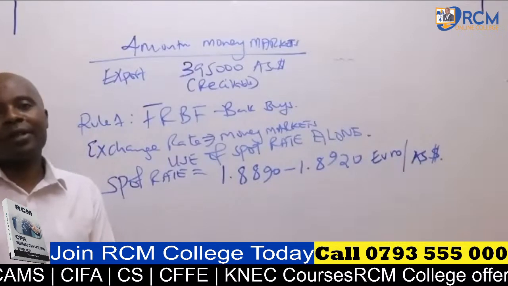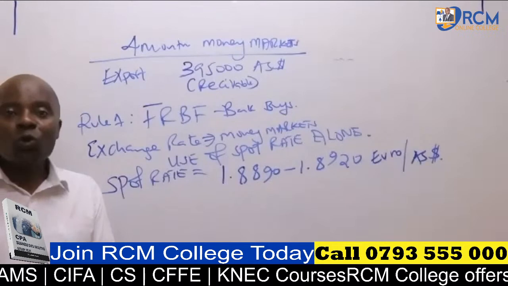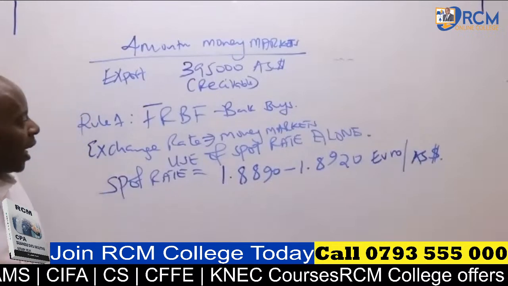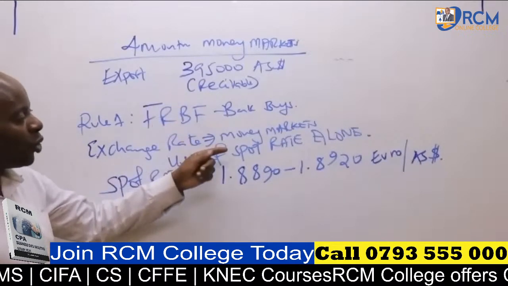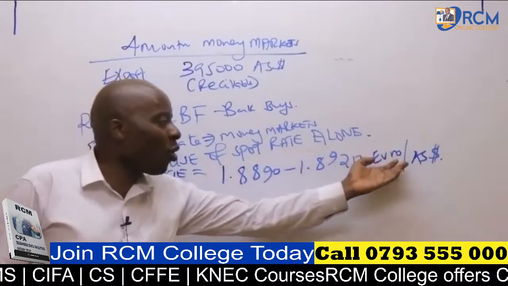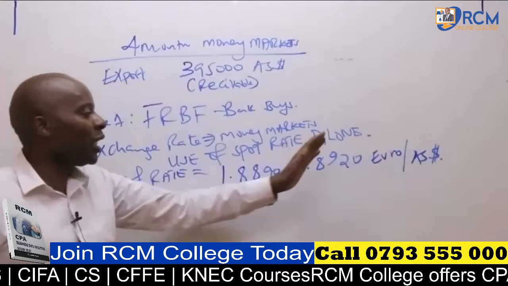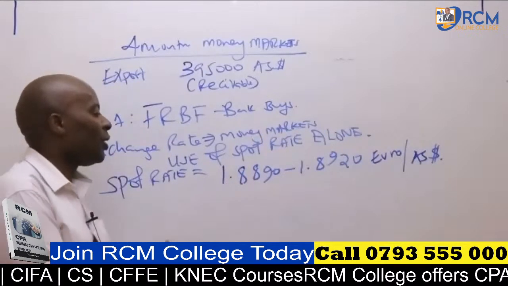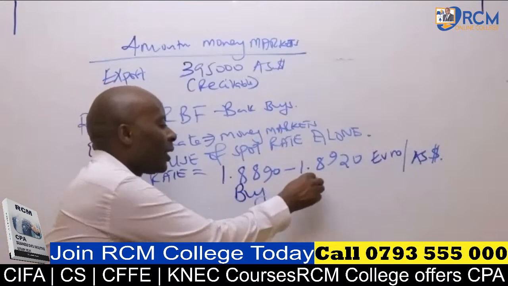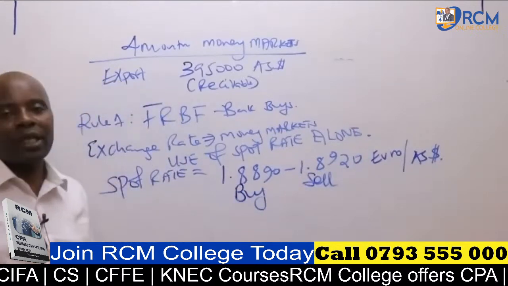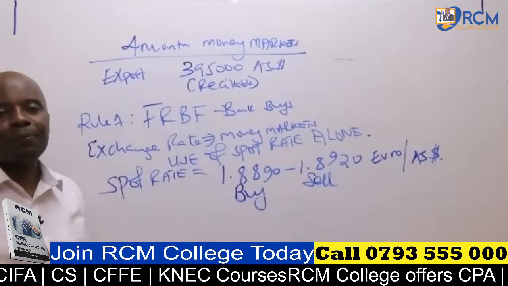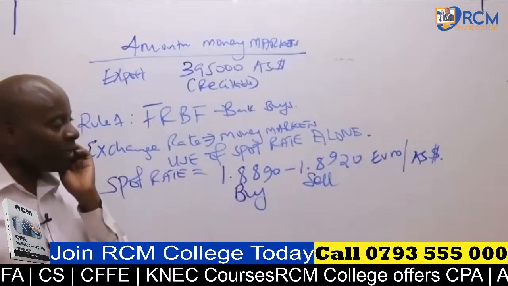No. There are concepts you haven't understood. So we are saying here, the bank is supposed to buy. The euro, which is our home currency, is on the left-hand side, so the left-hand side figure becomes the buy. The other one becomes the sell.